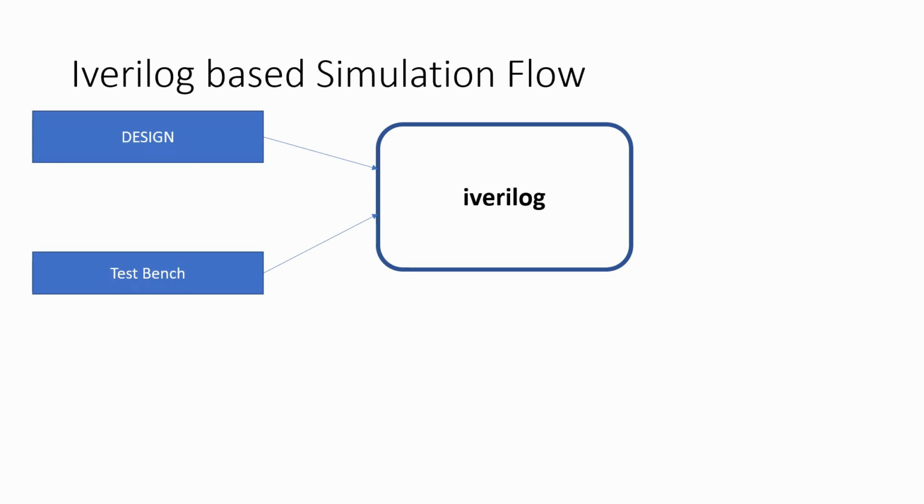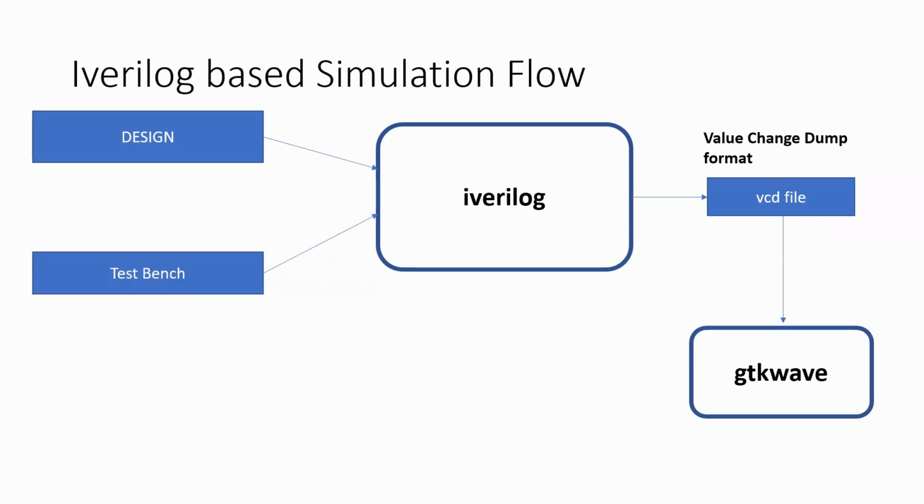So the output of a simulator is going to be a VCD file, where VCD stands for value change dump, because we are looking for the changes in the values. So the format is called the VCD format, or value change dump format.